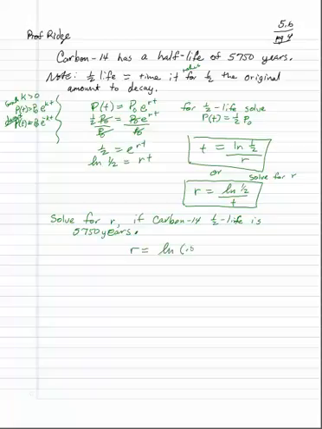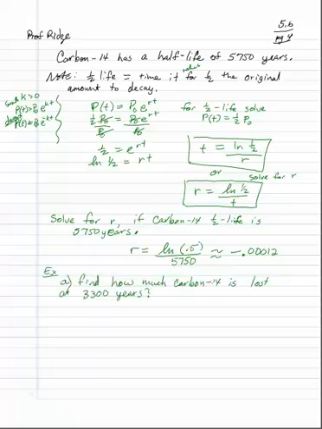If you want to put 0.5 in your calculator, that's the same thing and makes it easier. And the half-life is 5,750. You punch that in your calculator, and you get about negative 0.00012. So now we know the decay rate for carbon-14.